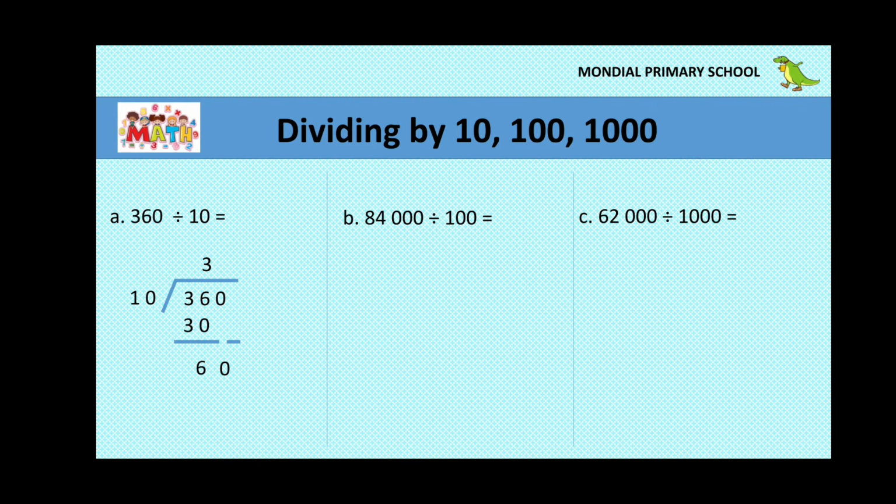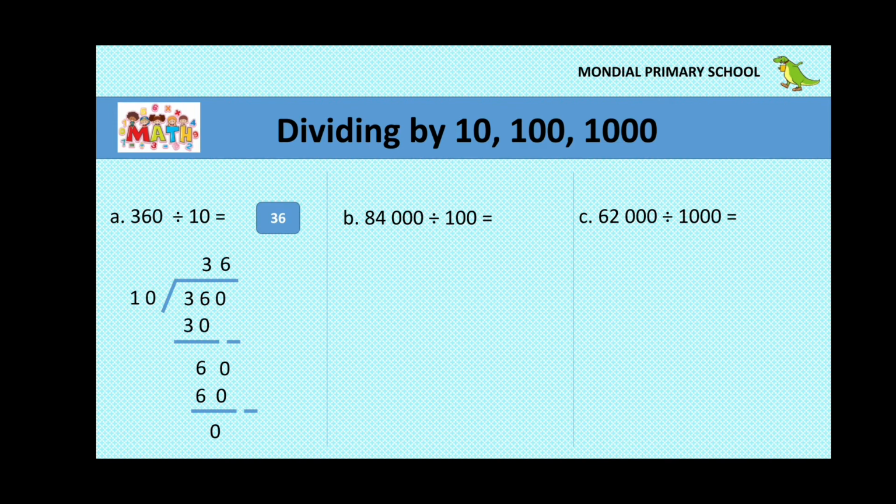Now, how many tens will make 60? Great! It's 6. 6 times 10 is equal to 60, which leaves no remainder. Therefore, the answer is 36.